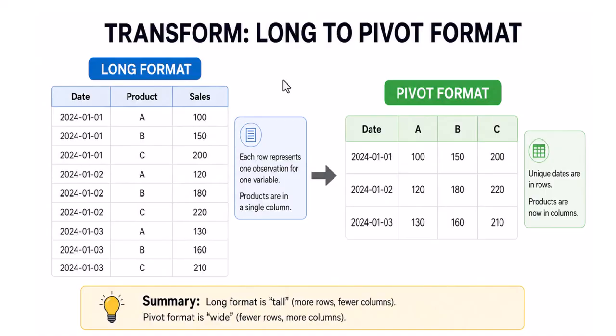Products are in a single column, dates are in one column, and sales are in the third column. This is called a long format. When we pivot this data, it becomes a wide format. It will look like this: unique dates are in rows, products are in columns, and the sales values for those respective products. And that transformation is what we call a pivot.